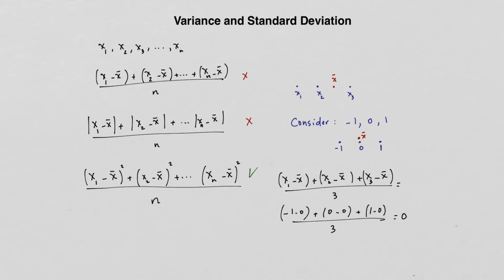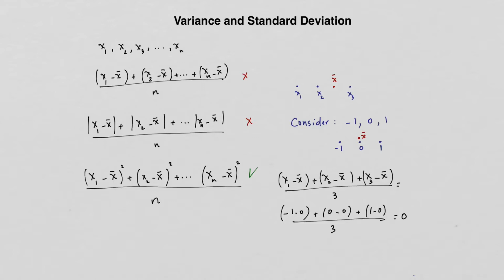So x1 is this much away from x bar, x2 is this much away from x bar, and x3 is this much away from x bar. Notice that this is negative. Of course, the distance is positive, but this is a negative value, and this is a positive value. And that is a problem in itself.